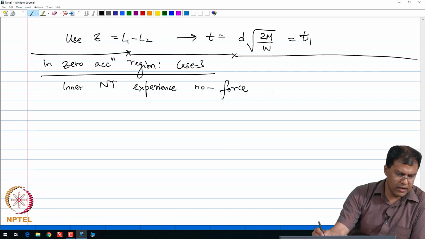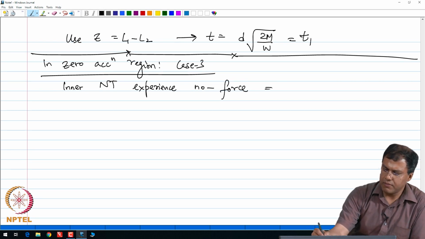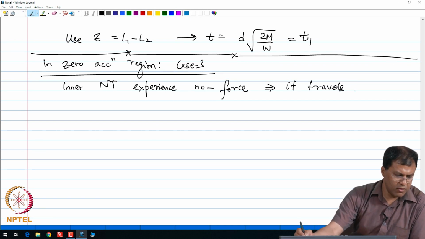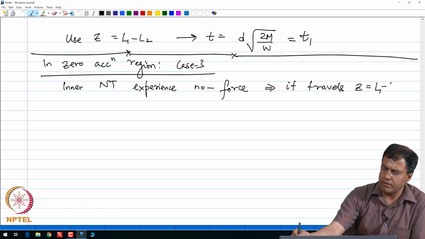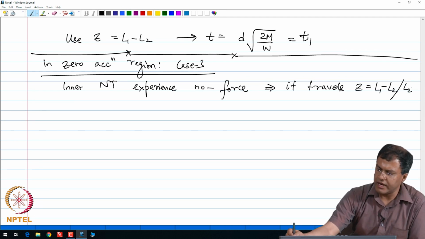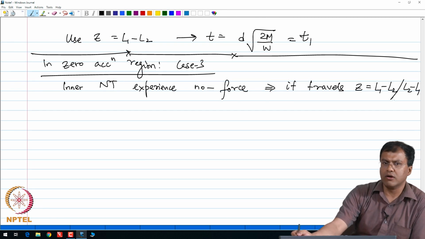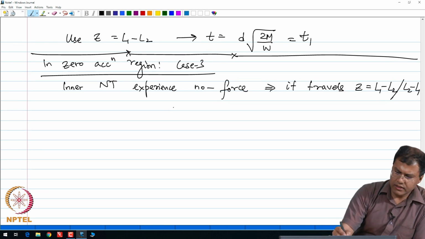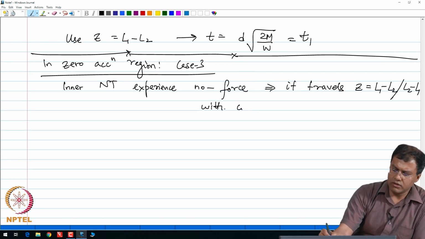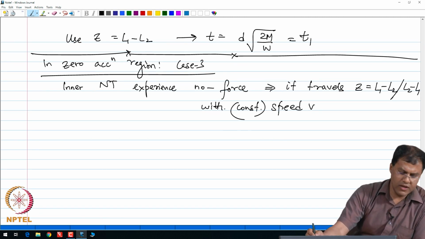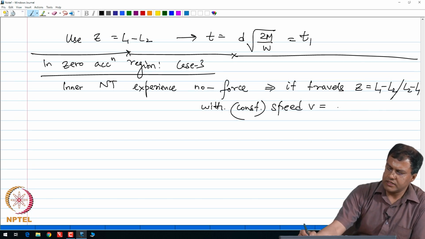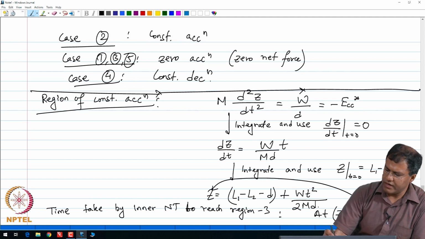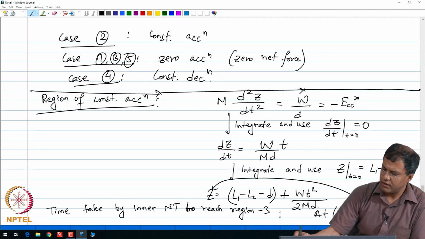It implies the nanotube travels from one cutoff point, z equal to L1 minus L2, to the other cutoff point, which is L2 minus L1. From one cutoff to the other marks the region denoted by 3, with constant speed v, which is given by the value of dz dt evaluated at t equal to T1.